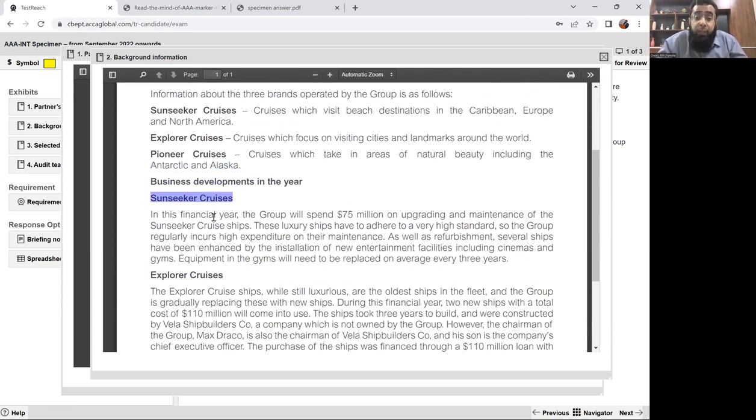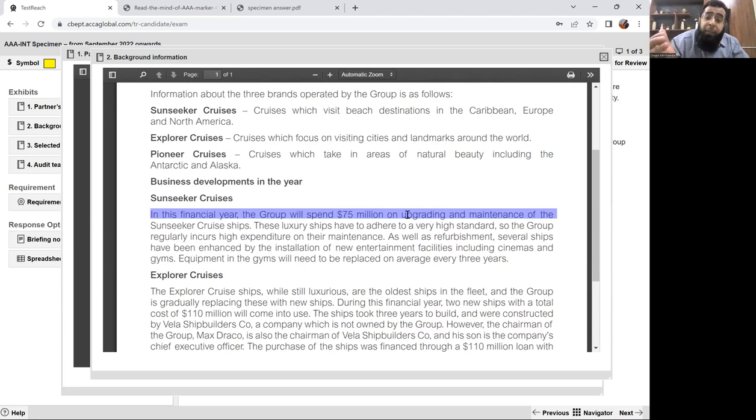Now, business developments in the year. Sunseeker Cruises. In this financial year, the group will spend $75 million on upgrading and maintenance of the Sunseeker cruise ships. If you remember, we identified an audit risk here that there needs to be a demarcation between capital expenditure and revenue expenditure, because $75 million is spent on upgradation and maintenance.